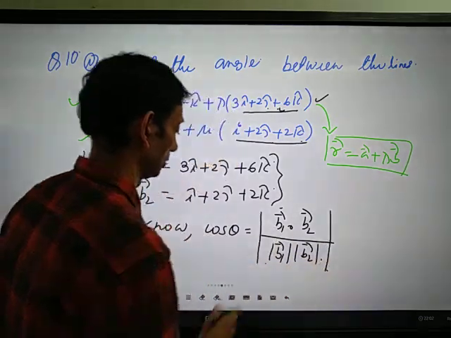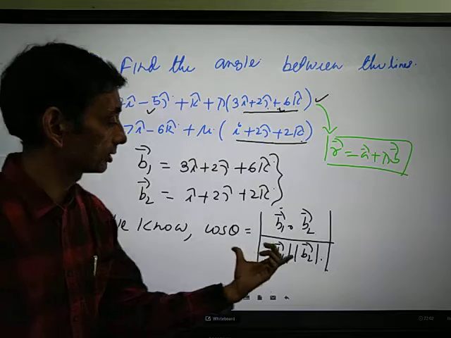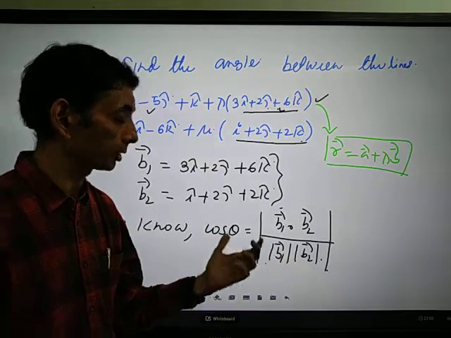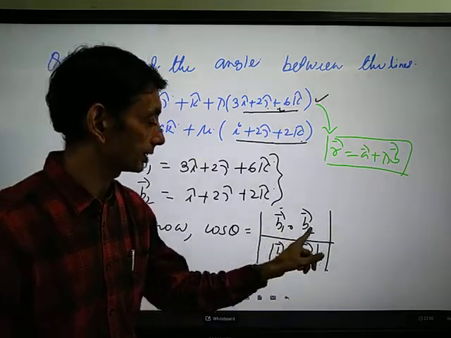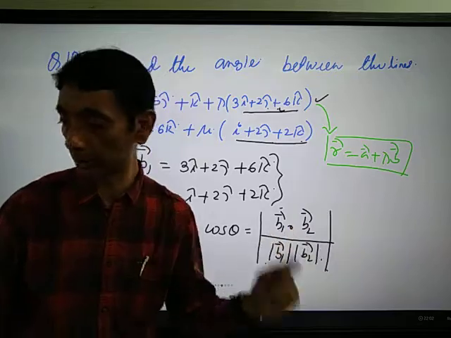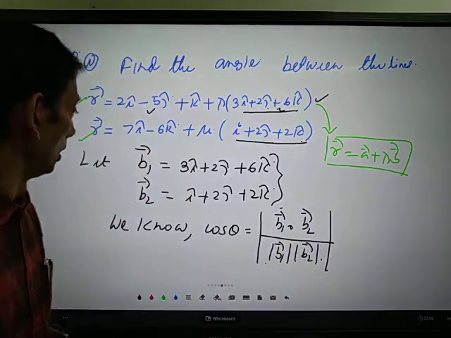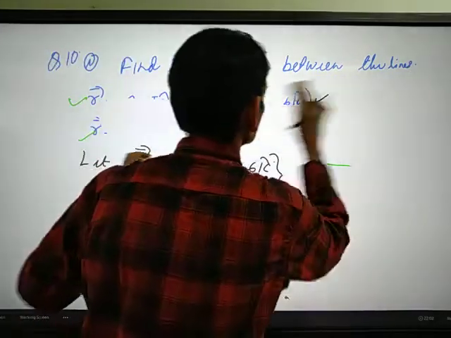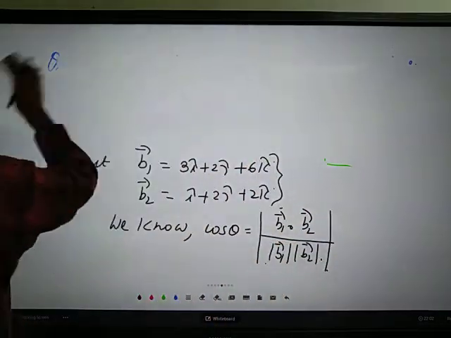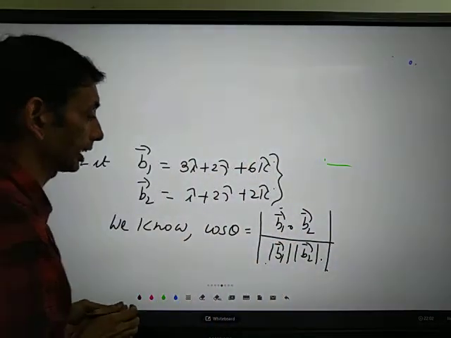This is the important formula to find the angle between two lines. So we just substitute the values of b1 and b2. Now let us calculate.